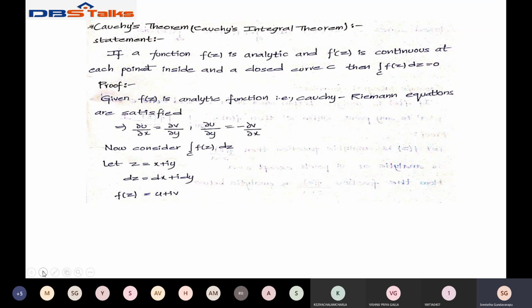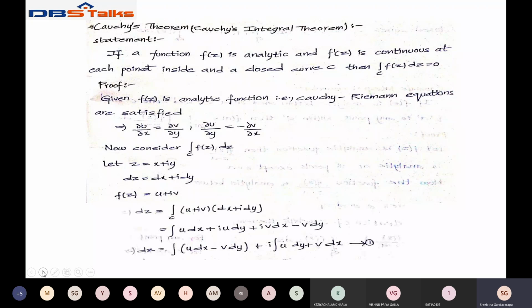Now consider integral over C f of z dz. Let z is x plus iy and dz equal to dx plus i dy, and the analytic function f of z equal to u plus iv. Now to evaluate integral over C f of z dz, f of z is u plus iv and dz is dx plus i dy.